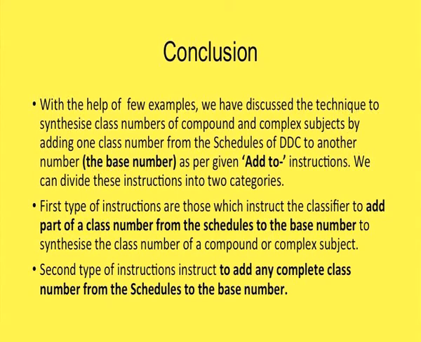As we saw, in the first type of instruction the classifier is instructed to add only a part of a class number from the schedule to the base number, and in the second type of instruction the classifier is told to add a complete class number from the schedule to the base number. These are the two basic methods of construction or synthesis of class numbers for complex and compound subjects. Thank you very much.